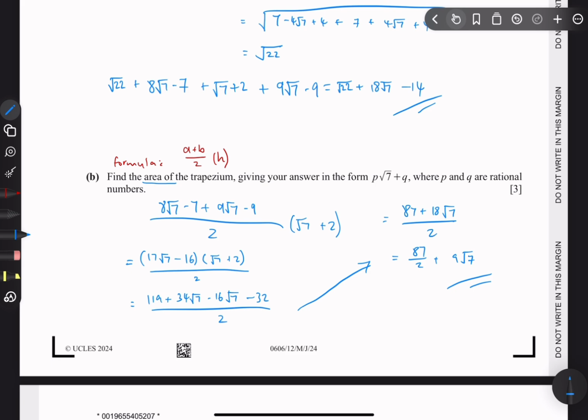Okay, so this is the final answer, and it's also written in this form that the question wants.